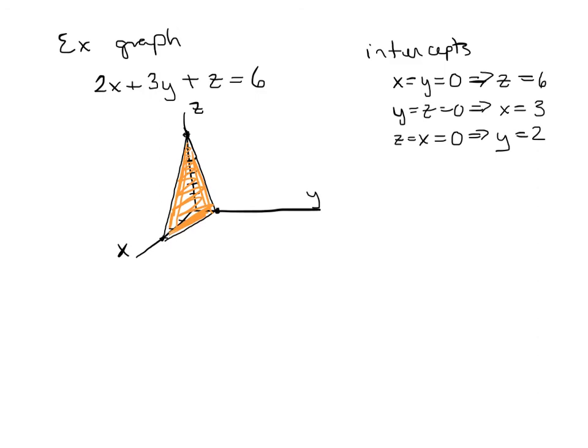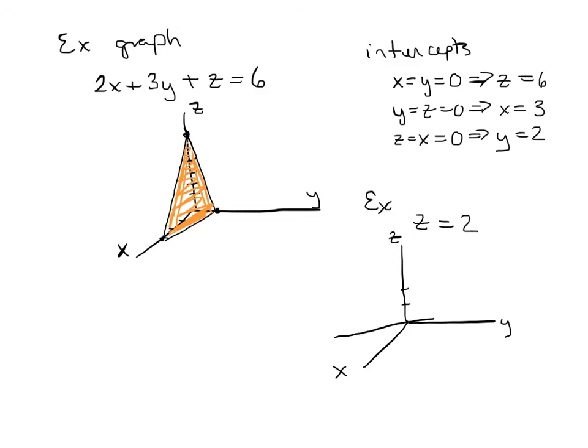And let's do a couple more examples here, at least one more. Let's just graph the plane z equals 2. X, y, z. So z equals 2. That's all we have. So this plane is going to be parallel to that xy.